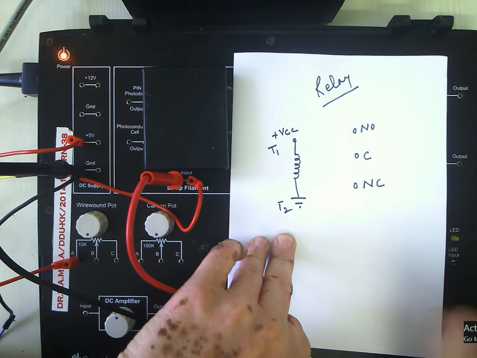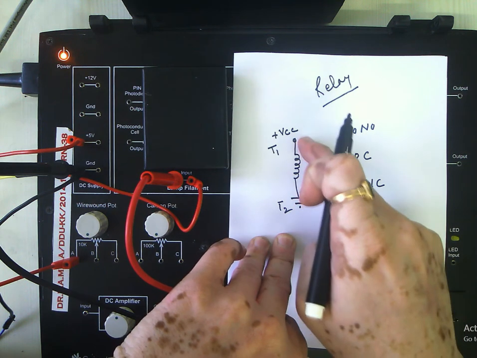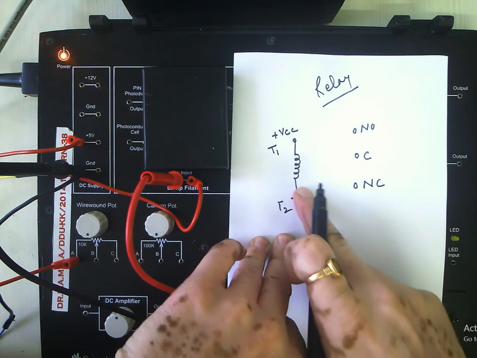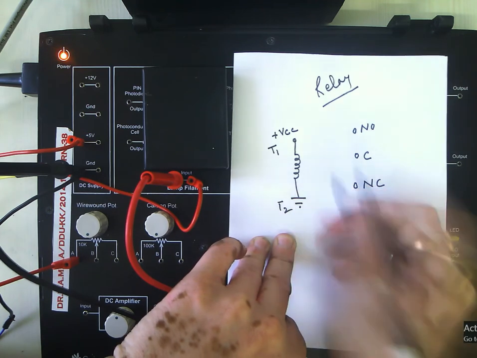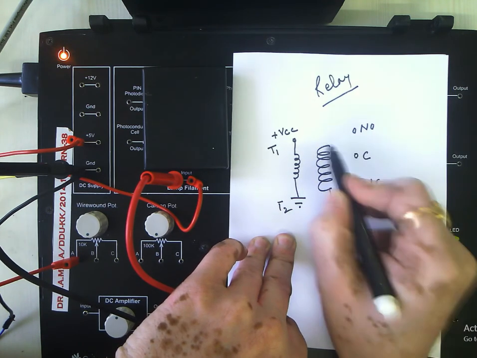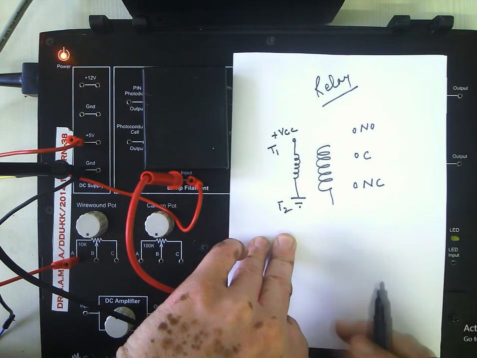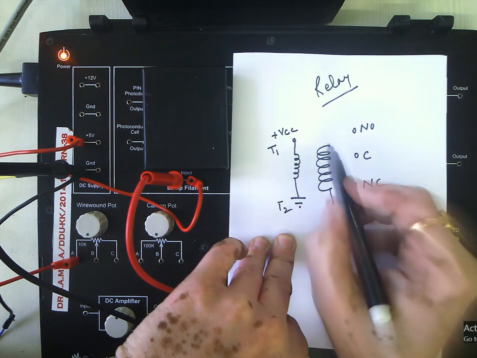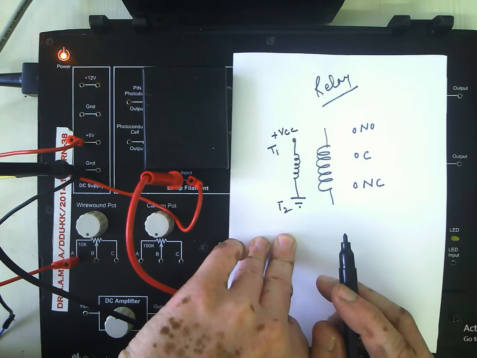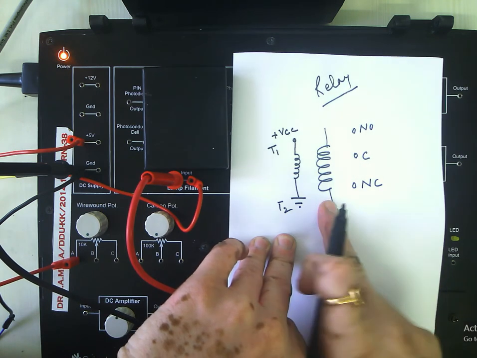Now the operation of a relay is very simple. Whenever we pass a signal through this coil, there is an electromagnet. Is this electromagnet a separate entity?